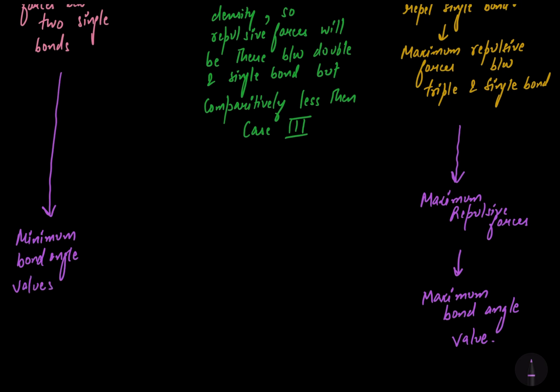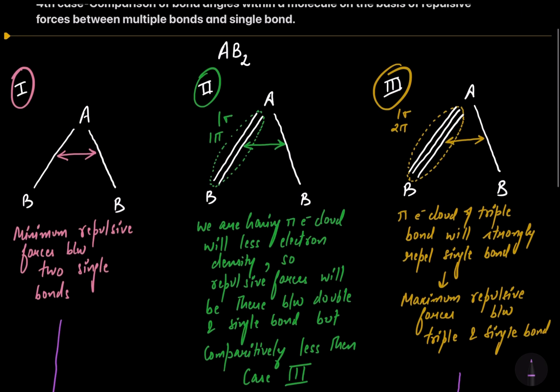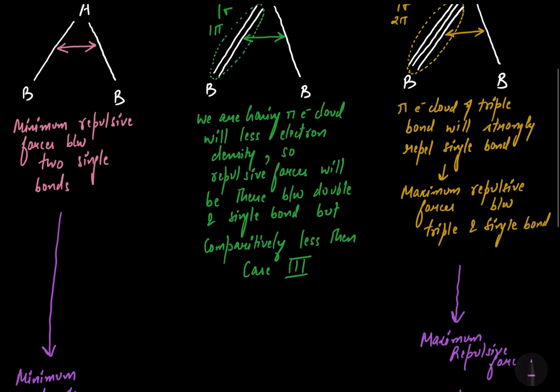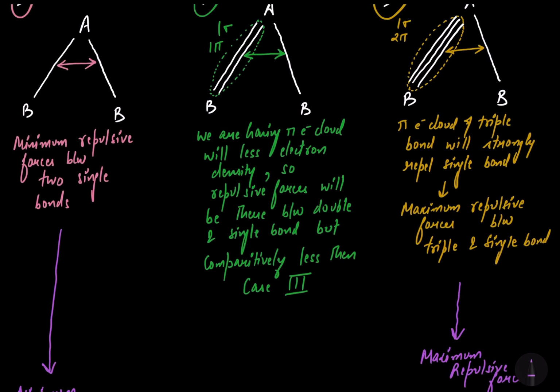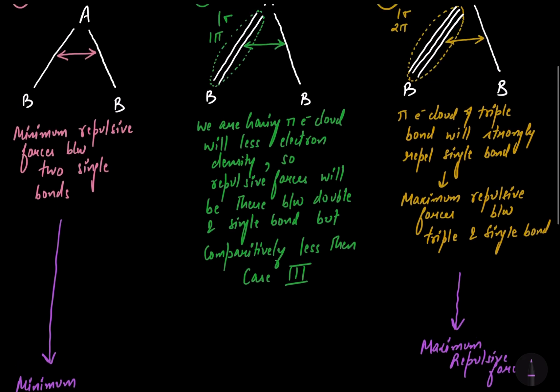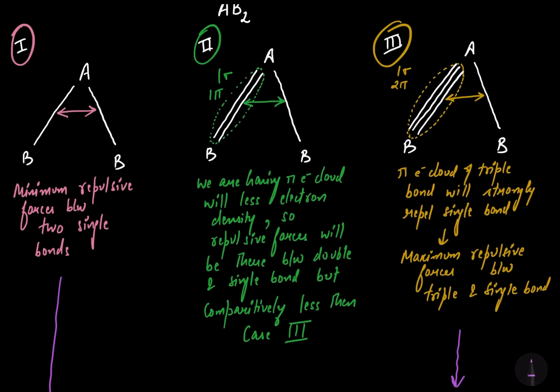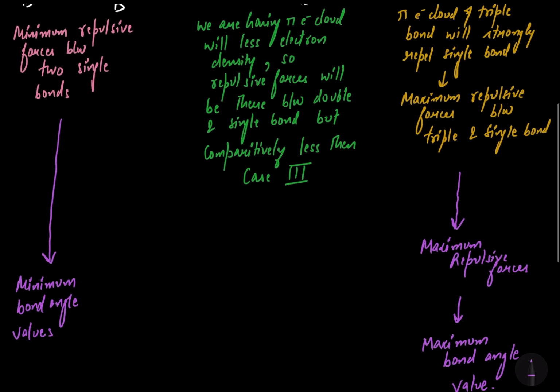If bonds are not repelling each other in case number 1, then the bonds will stay close to each other, thereby decreasing the bond angles. So in case number 1, due to the minimum repulsive forces between the two single bonds, both the bonds will remain close to each other, due to which the bond angle will be less, or we can say decrease.